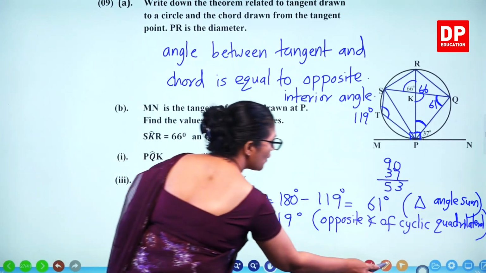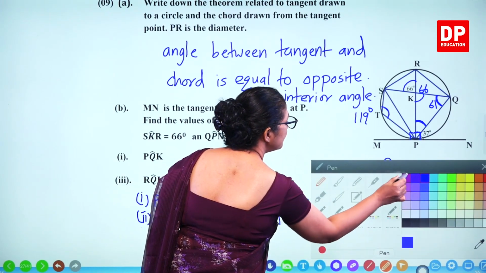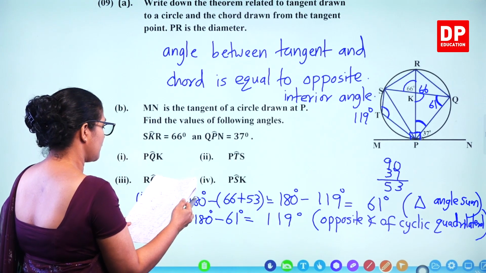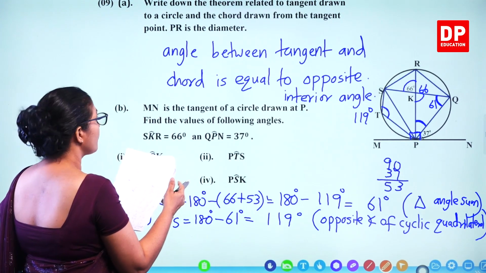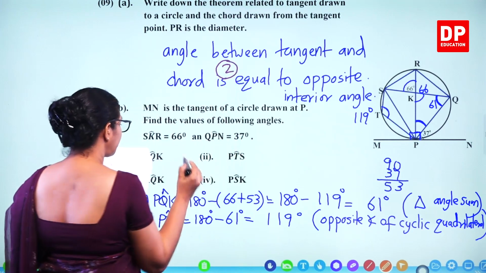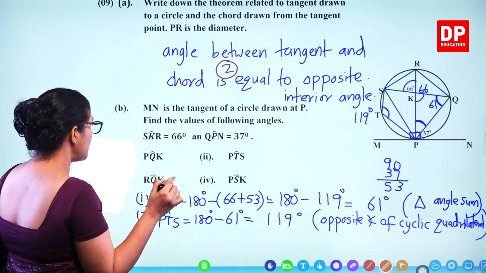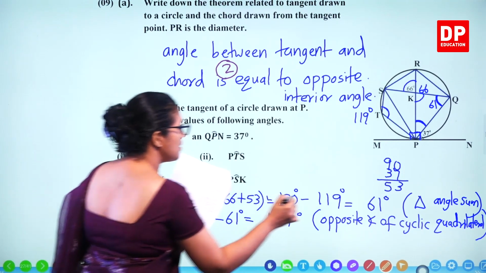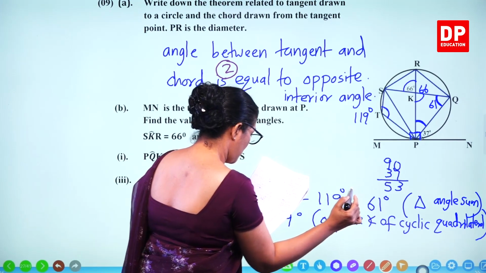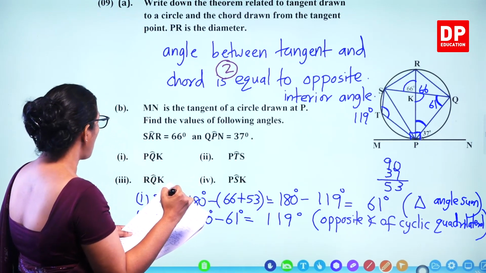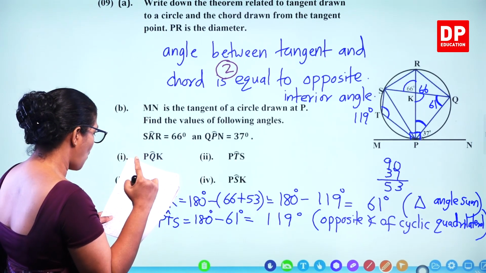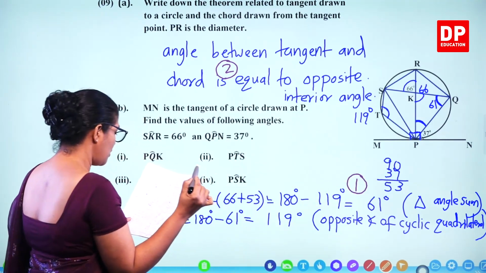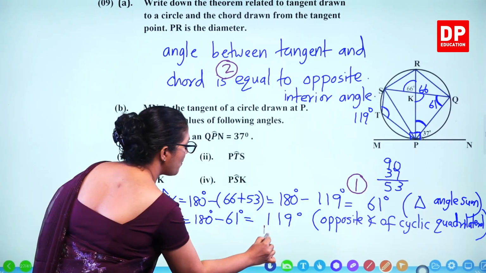So we'll give marks for this and see. So this is 2 marks, and this one is 119. How many? 4. That's 1 mark each, and you get 119, 1 mark.